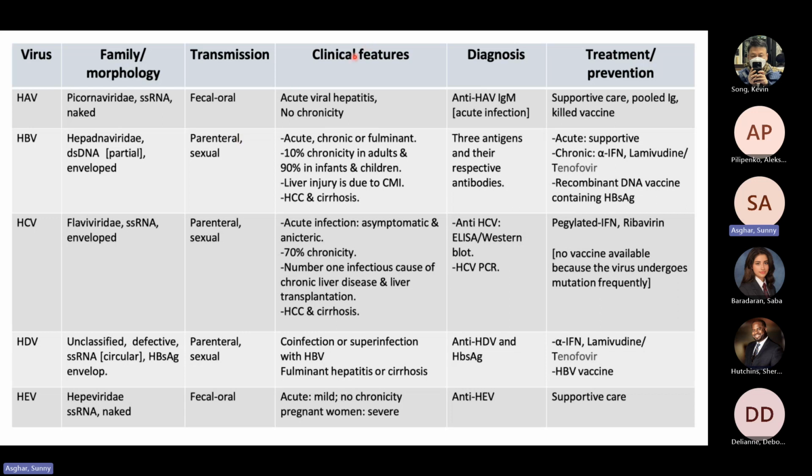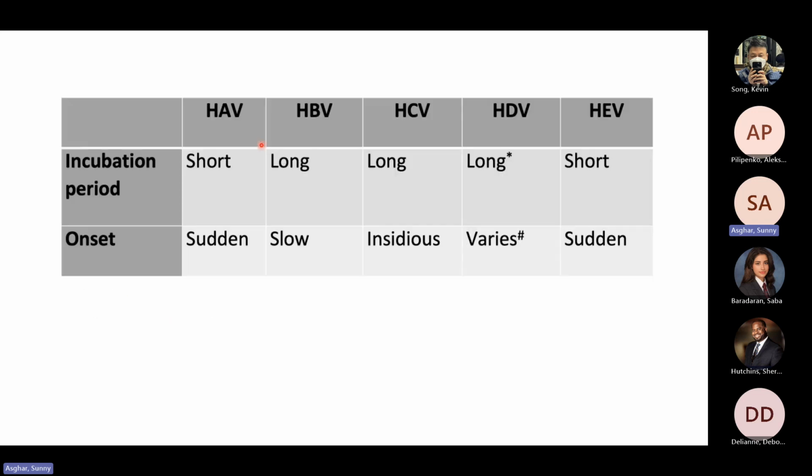And over here, we're going to see the clinical features. Hepatitis A is acute viral hepatitis. The treatment is that we use a vaccine for it, and supportive care. Hepatitis B, which we just showed the whole chart for, is very important to know. Let me show you this.